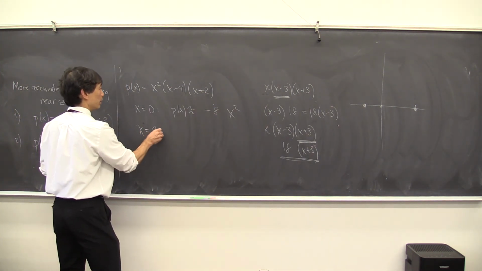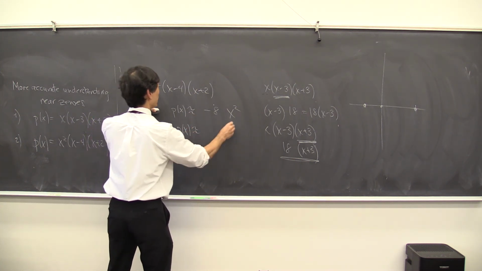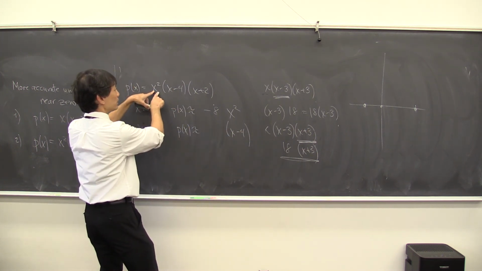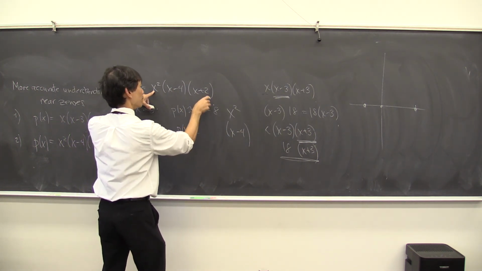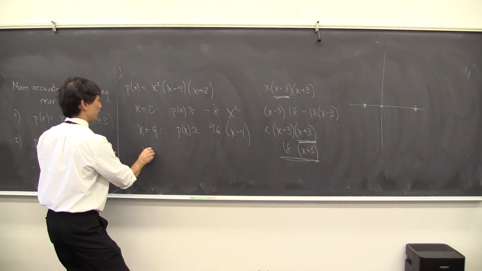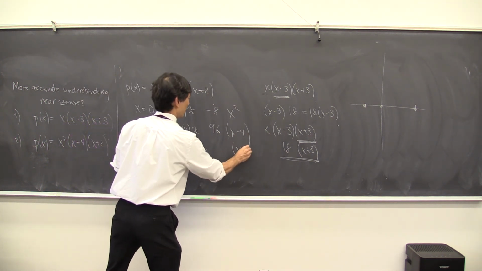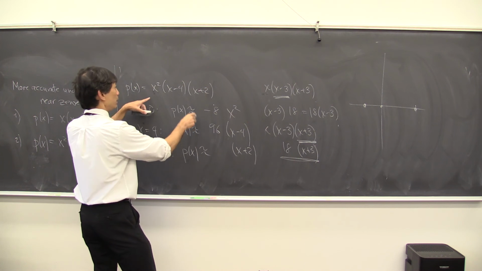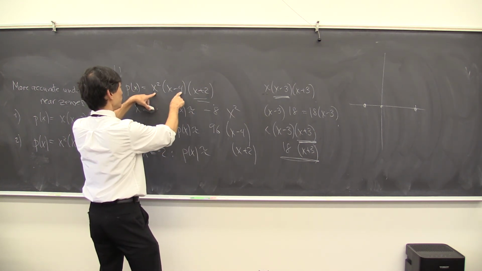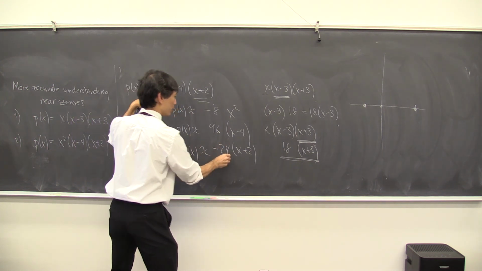At x equals 4, it looks like p of x is going to look like x minus 4 times, we plug in a 4 here, so you get 16. 16 times 6, that's 96. And at negative 2, p of x looks like x plus 2 times negative 2 minus 4, that's negative 6, times 4, so we get negative 24.